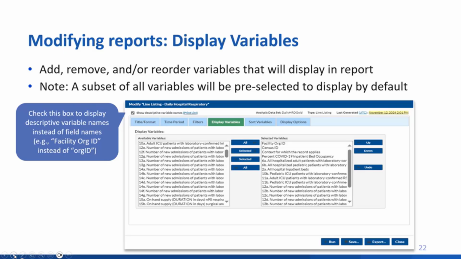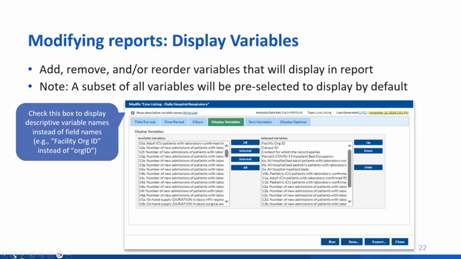The Display Variables tab on the modification page is applicable to the line list reports and allows you to select which variables you would like to appear as columns in your report. You can use the option on this window to add or remove variables from the selected variables list, as well as arrange the order of the variables as they will display in your report.